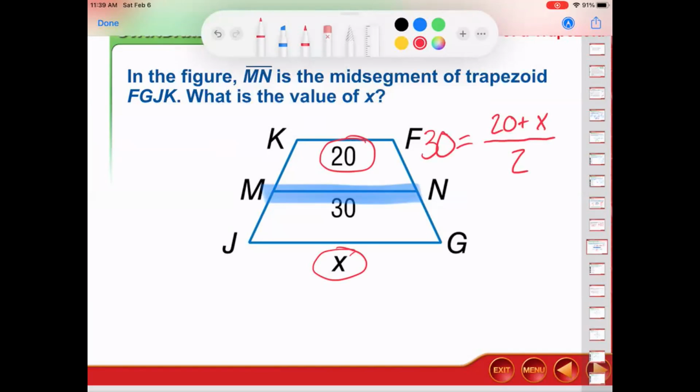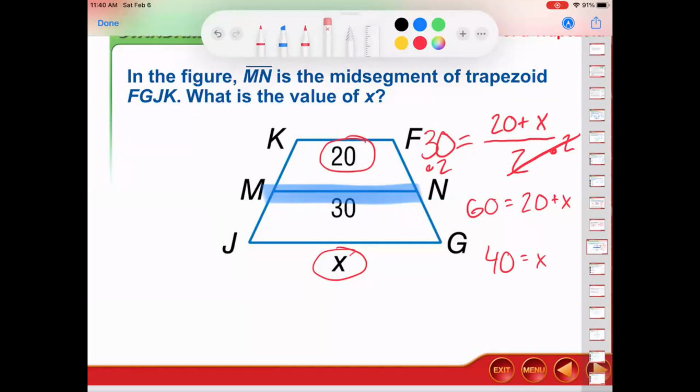Now, to solve this, what we're going to want to do is times both sides by 2, which leaves us with 60 equals 20 plus x. Subtract 20 from both sides, and we find out that our biggest segment, or x, is going to be 40. I think that's pretty cool, personally.